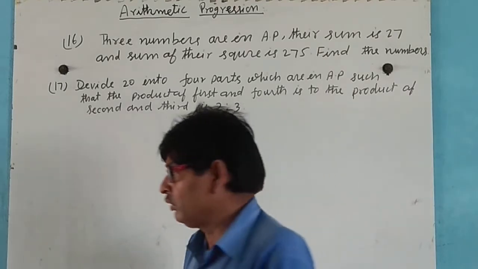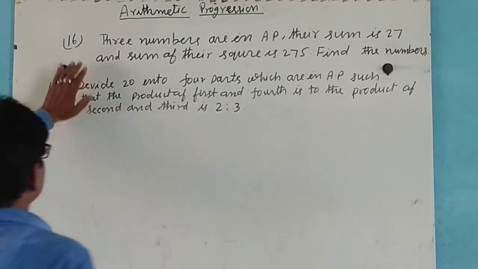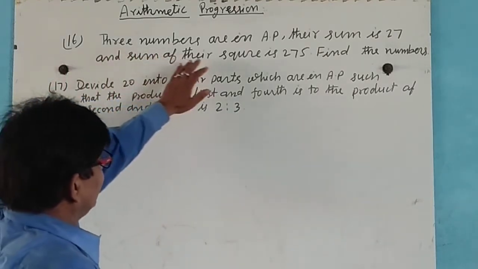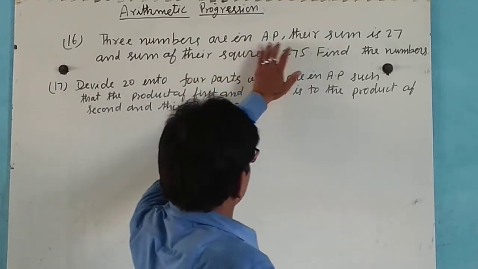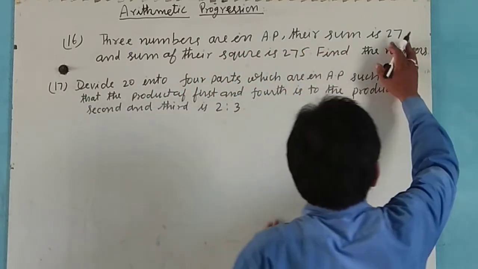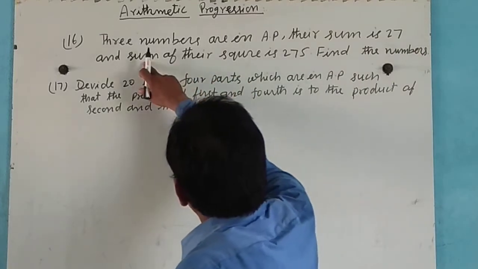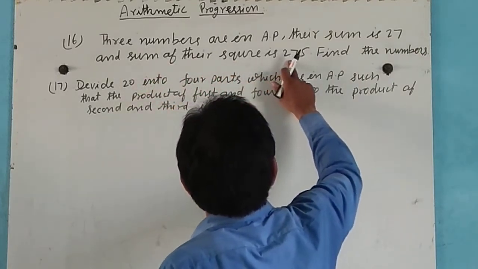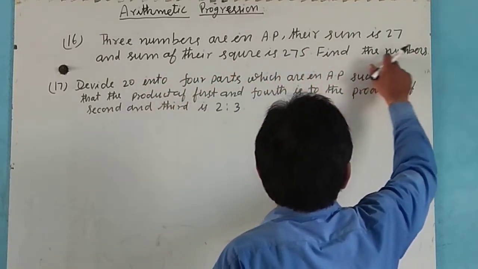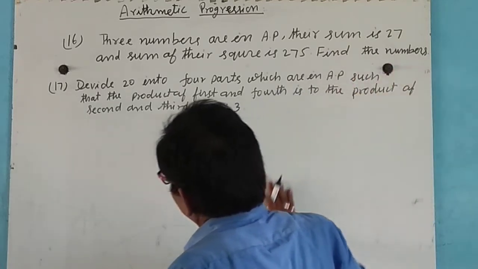Now here in question number 16, three numbers are in AP. Their sum is 27 and the sum of their squares is 275. Find the numbers.